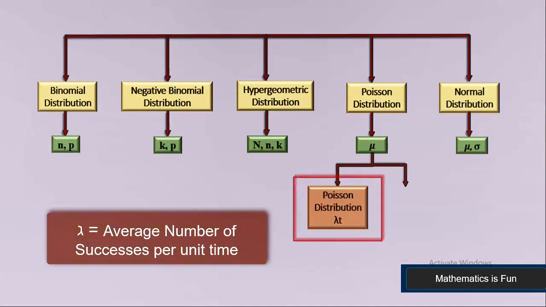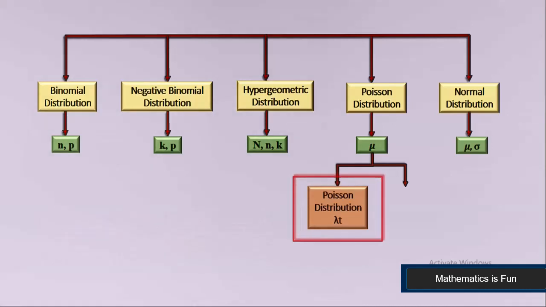This quantity could be time, distance, volume, area, it can be anything. So in the statements of Poisson distribution, it would be mentioned we get this number of successes on average per unit time or per unit area or per unit distance or anything. And here t is the time at which we are interested to find the probability of success.